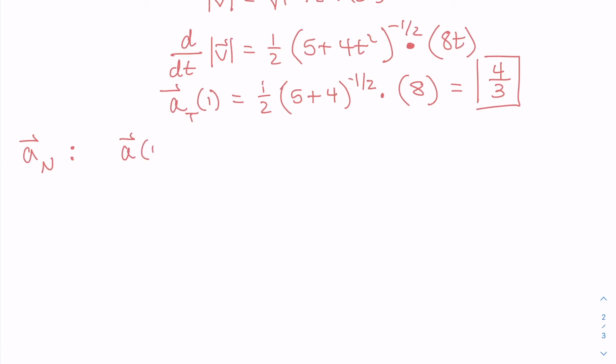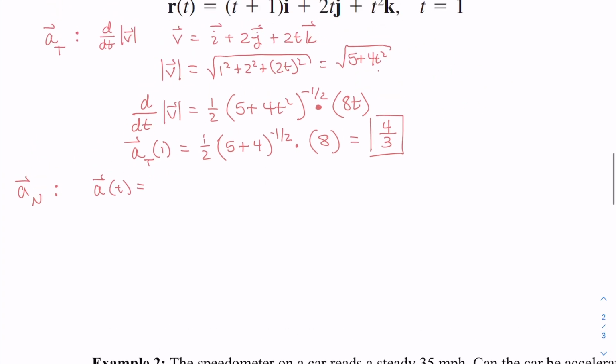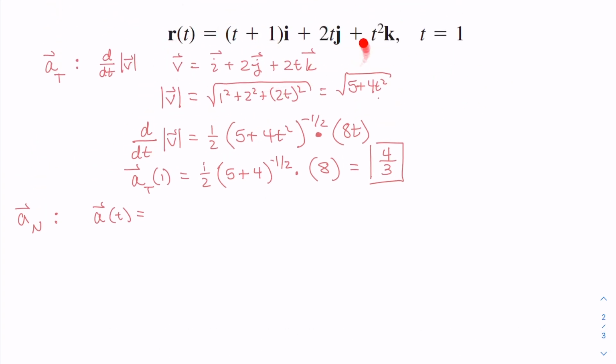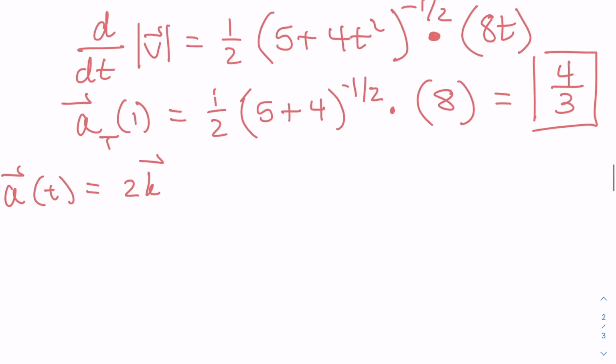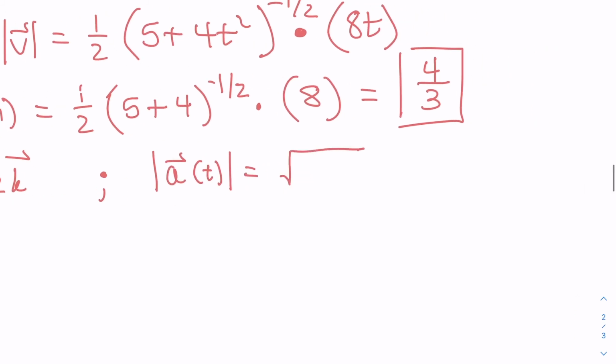So acceleration is just going to be the derivative of our velocity function, which is 2k. And now we'll take its magnitude. So the magnitude of acceleration is just equal to the square root of 2 squared. So that's just 2.